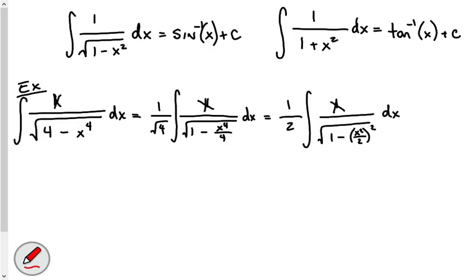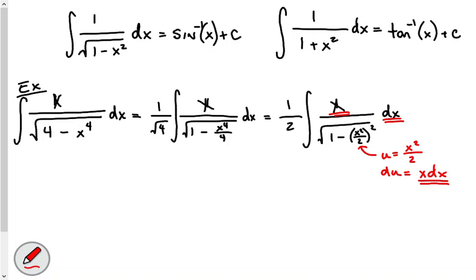Okay. This is now our u. What's du? Just x, right? Okay, there it is. That's why I had to have this top be an x, because x dx cancels out with that x dx, right?